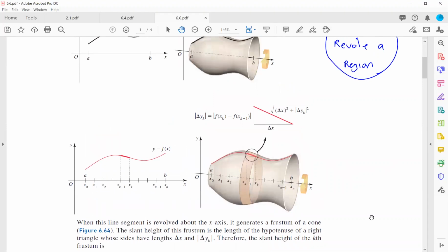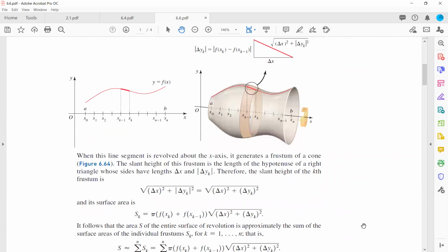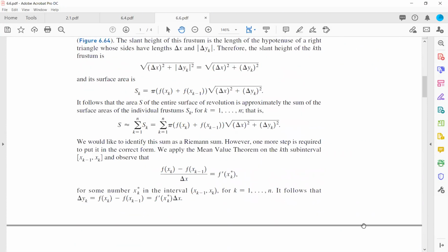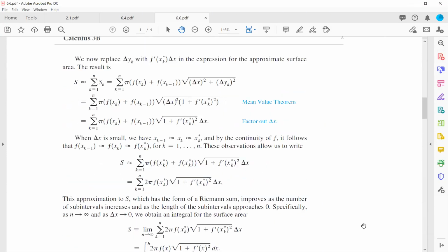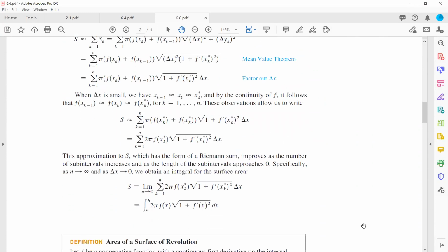We're going to use our right triangle Pythagorean theorem to find the length. You learned how to calculate the length, and you're going to use that. All the proofs are written here.